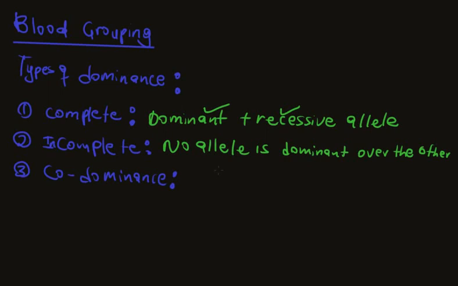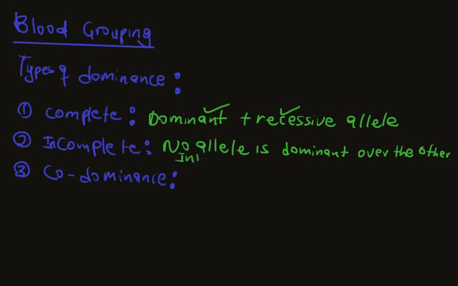As a result, when those alleles are combined, an intermediate phenotype arises. For example, with red and white, if red is not dominant over white and white is not dominant over red, then when they are combined, an intermediate phenotype arises.